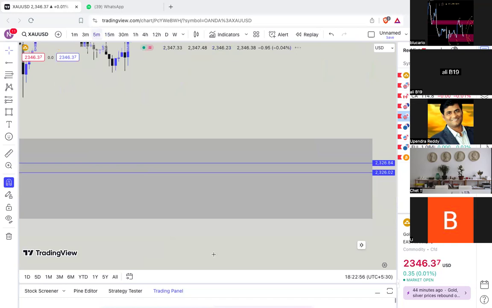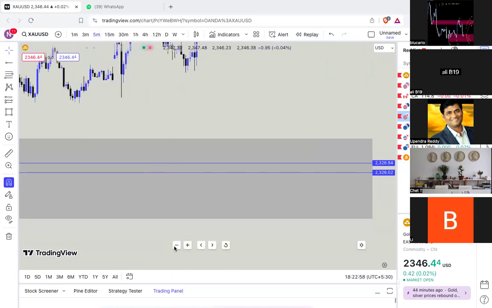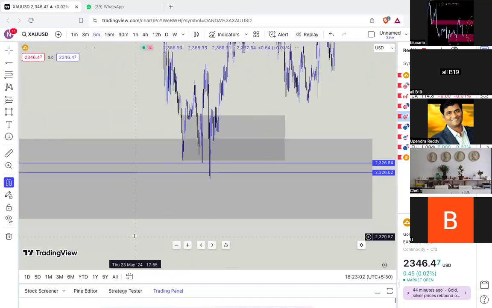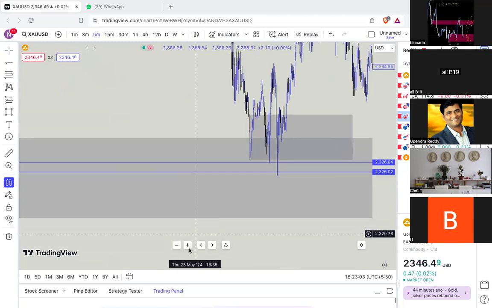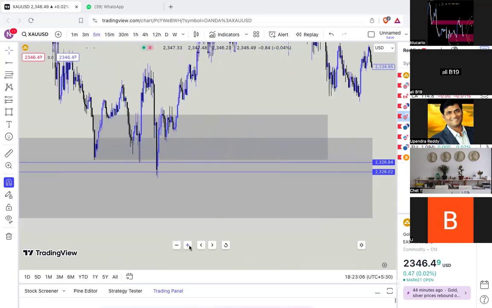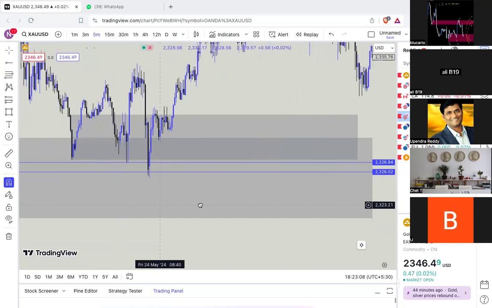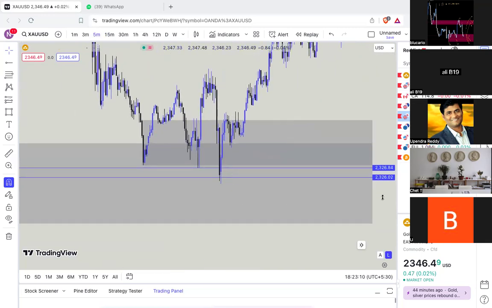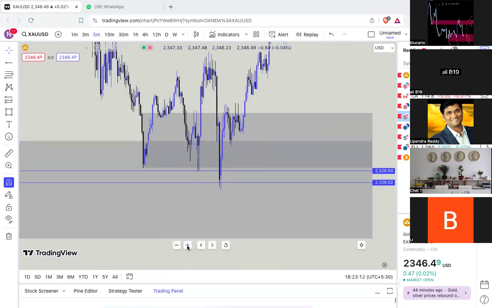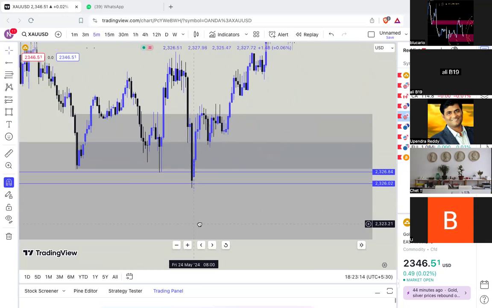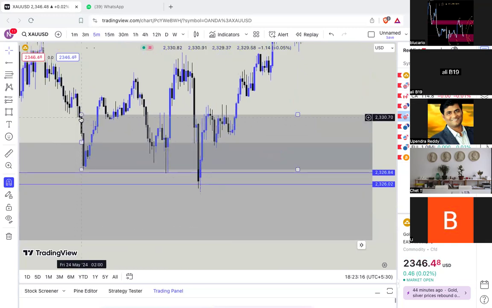I'll also show you something on M5 if there is anything on M5. Even on M5, we have a hidden.